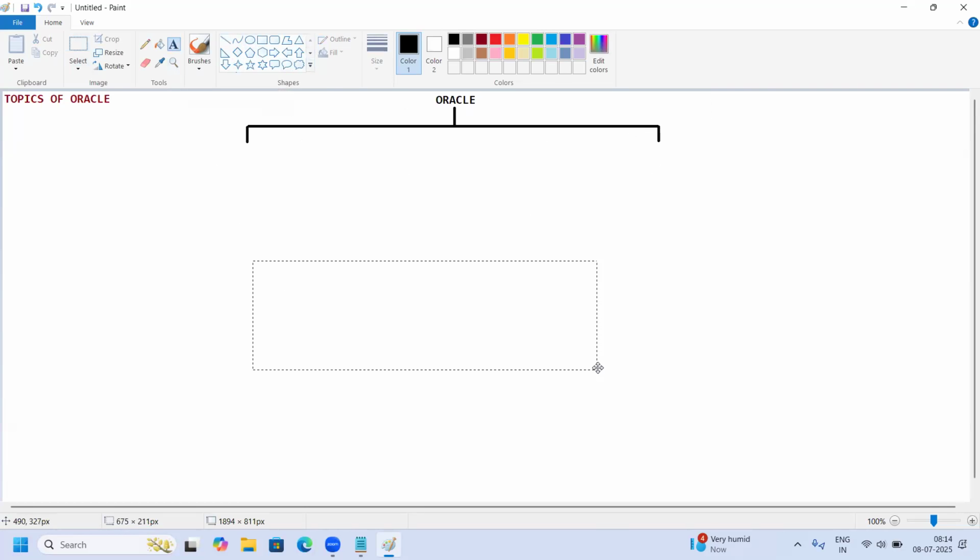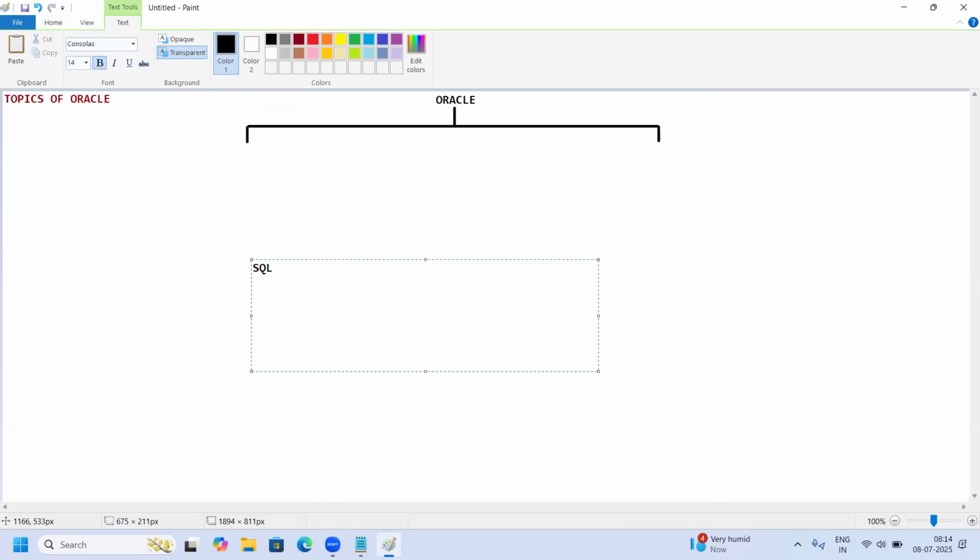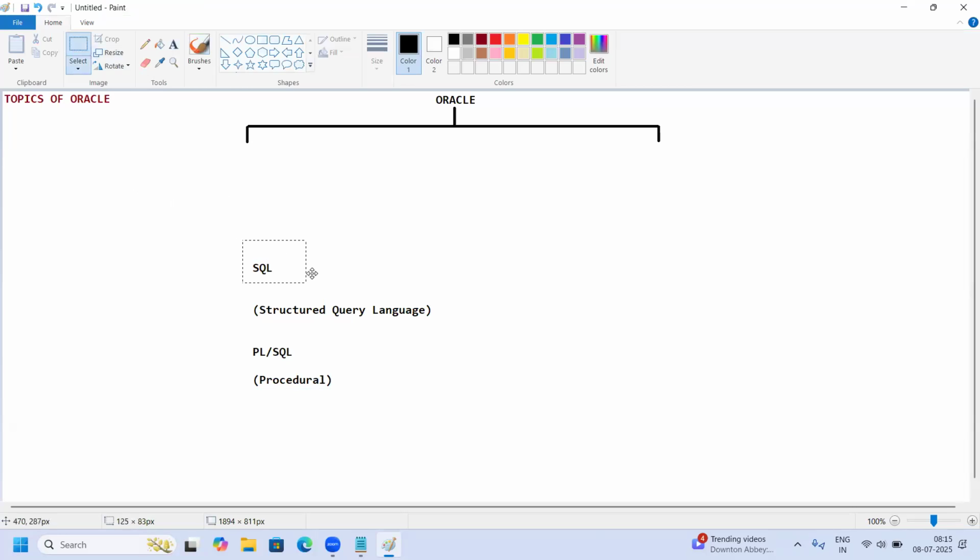The first module is SQL, that is called Structured Query Language. And the second we are going to study is PL/SQL, that is procedural SQL. SQL is the same, Structured Query Language.